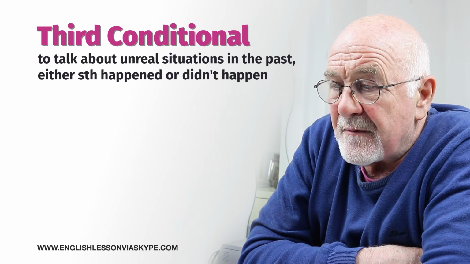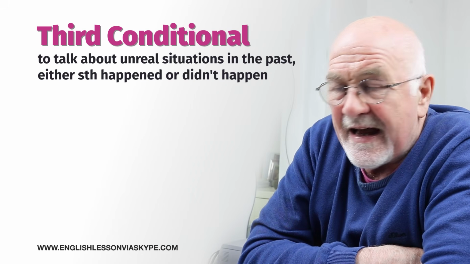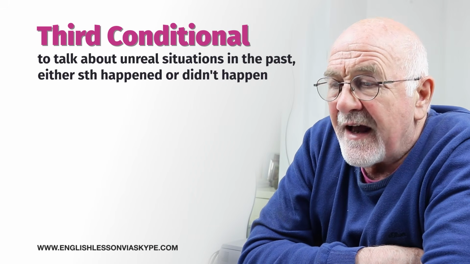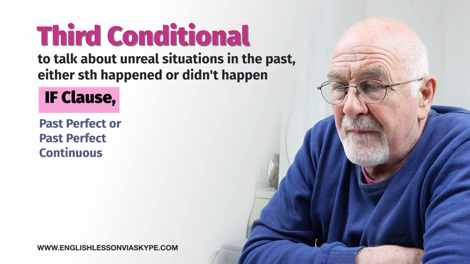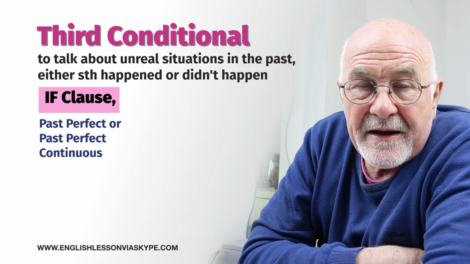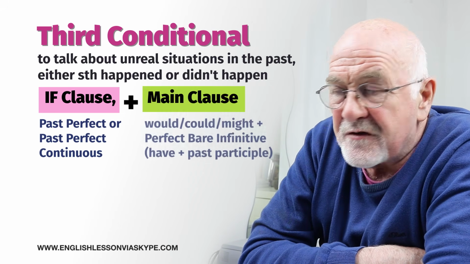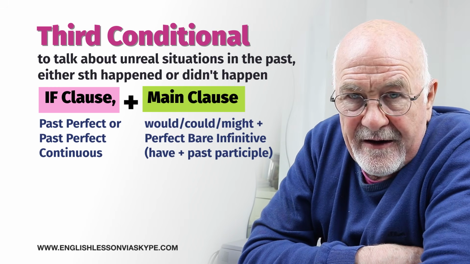So it's either something that happened in the past or didn't happen in the past. Now, the basic rule is, again, we need if, and we use if with past perfect, or could be past perfect continuous. And then the main clause, again, we have to use would, and we use the perfect bare infinitive.